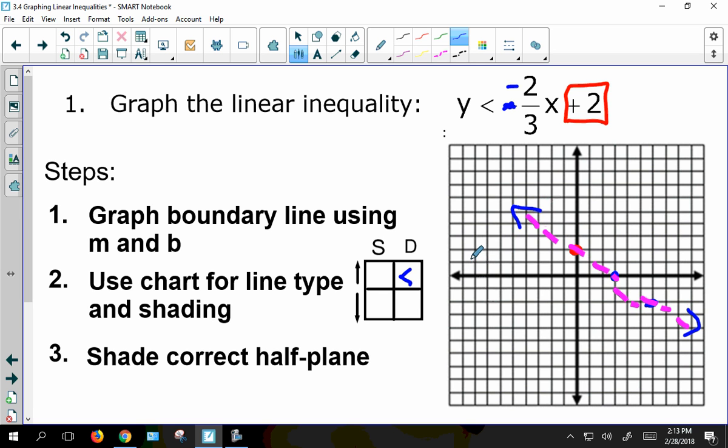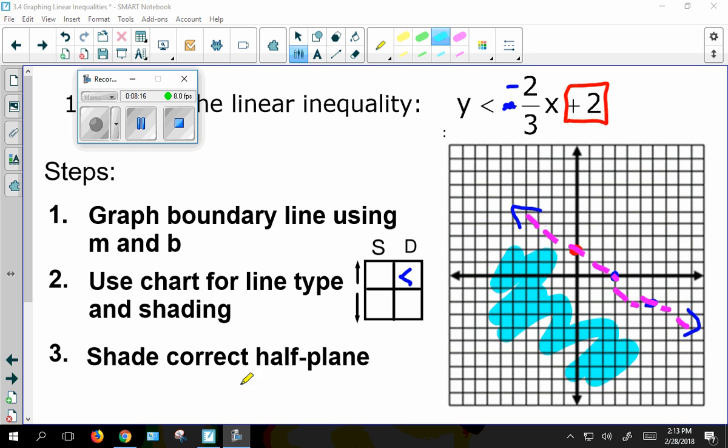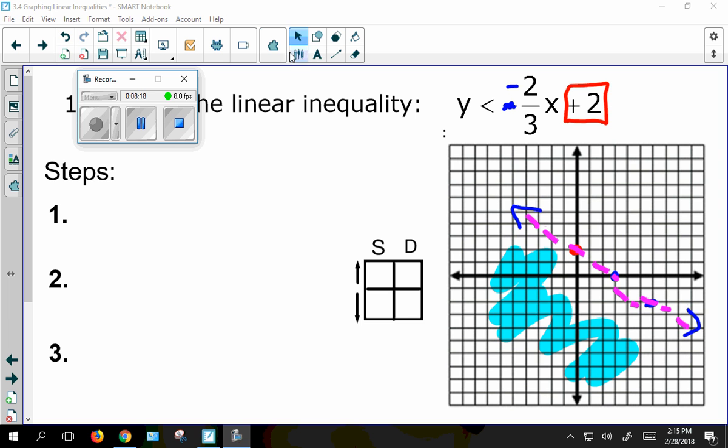Now I have to shade. Yes. I shade below because it is eating the equation. So I'm going to shade down here. Okay, sorry, I put the inequality in the wrong box. The inequality should go down here.